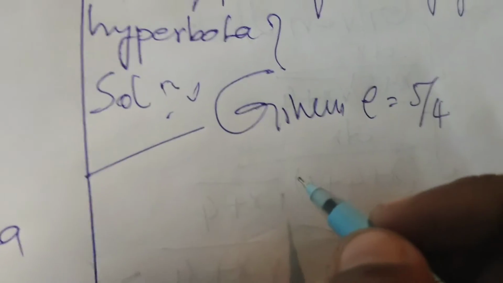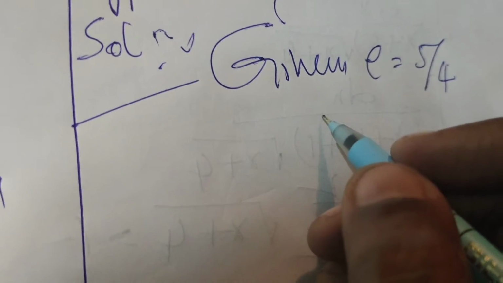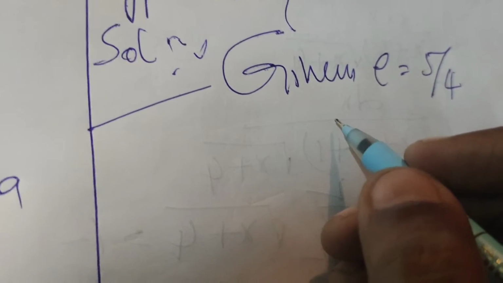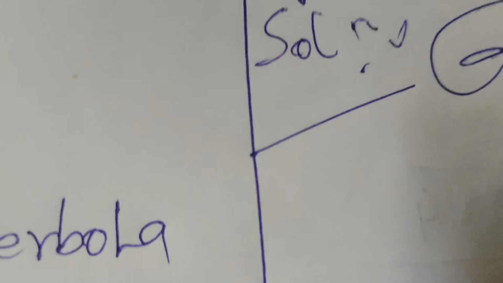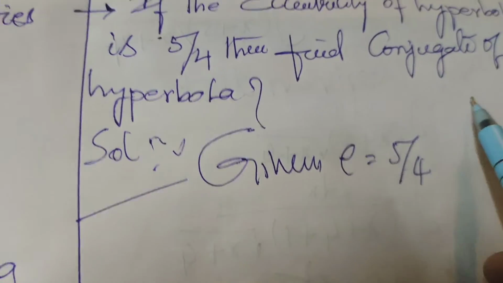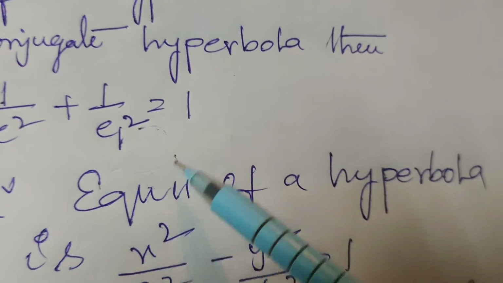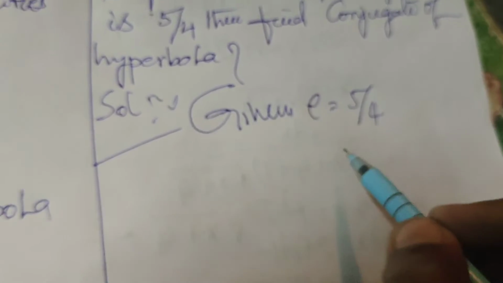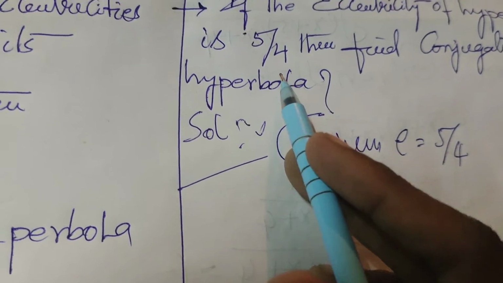Substituting the formula, for the conjugate hyperbola 1 by e square plus 1 by e1 square equals 1. Now e equals 5 by 4.